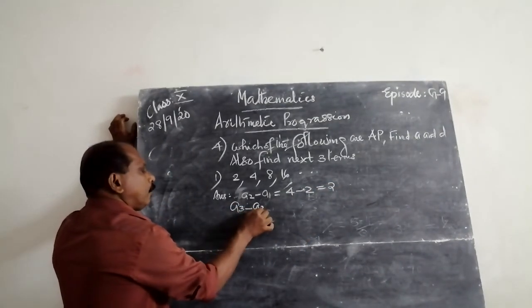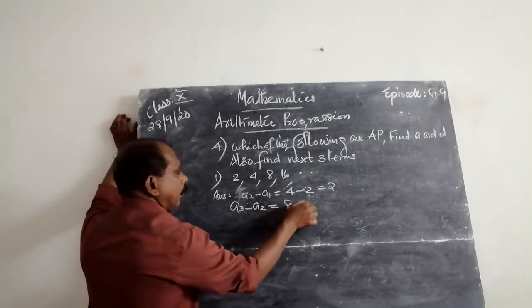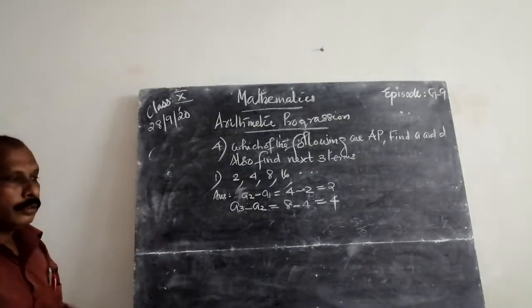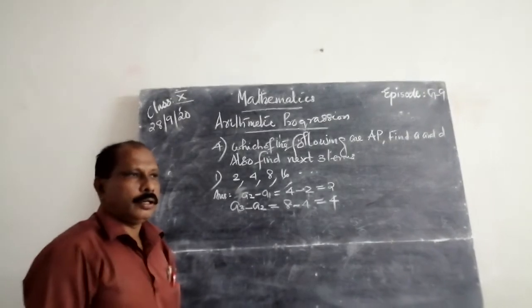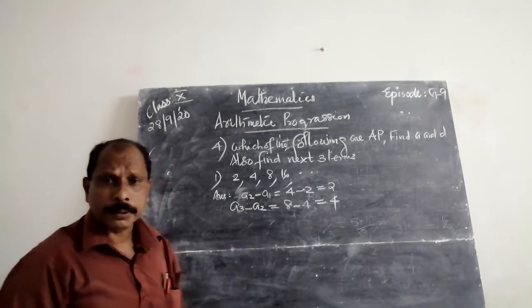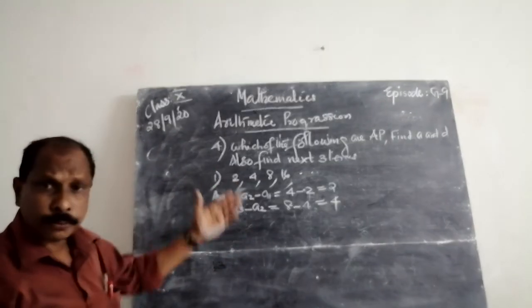A3 minus A2 is equal to 8 minus 4, which is equal to 4. That is, A2 minus A1, A3 minus A2, etc. should be equal to a common number, that is what I mean. Otherwise, it is a geometric progression.